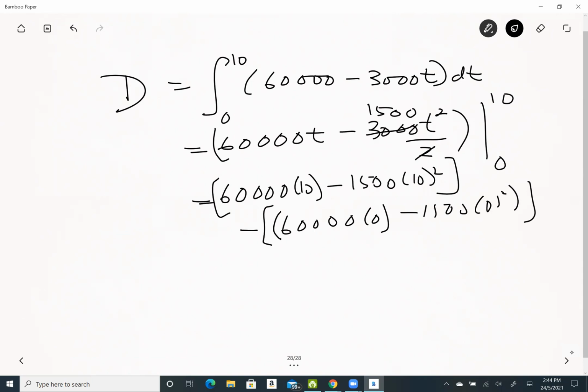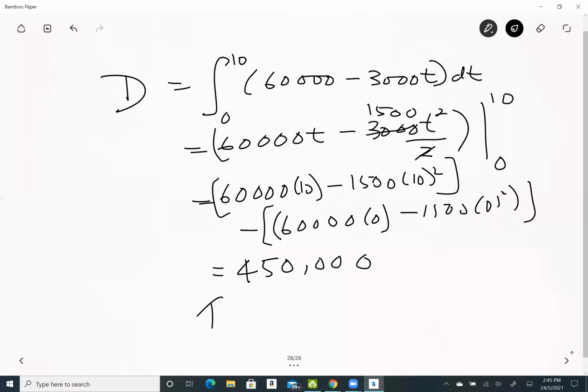Now what is it equal to? Anybody? How much do you get? It is equal to 450,000, sir. 450,000, right? 450,000 dollars. So the total depreciation for the first 10 years.